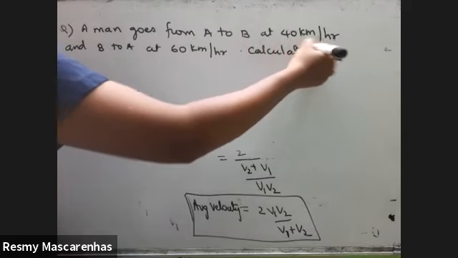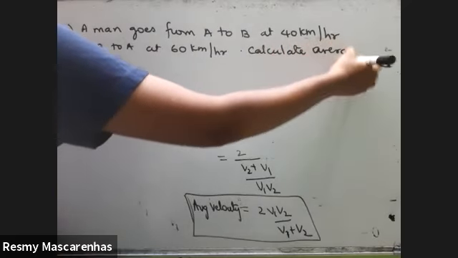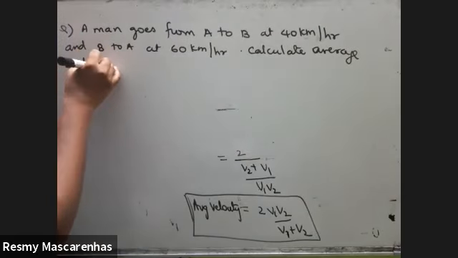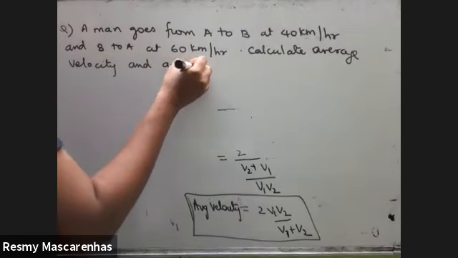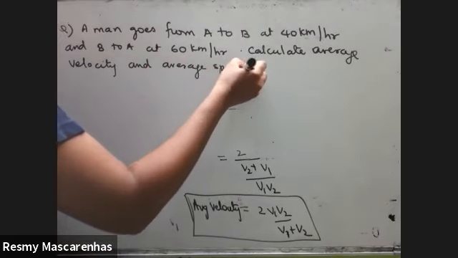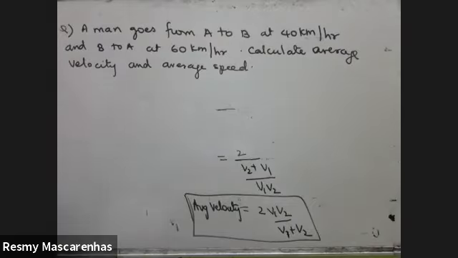Calculate average velocity and average speed. This is B to A.